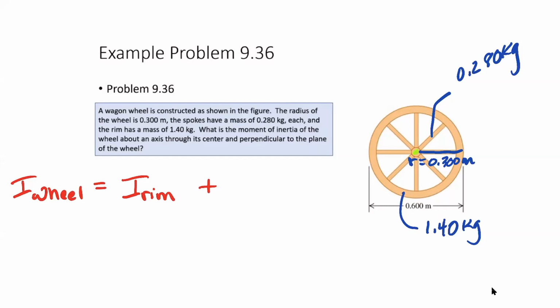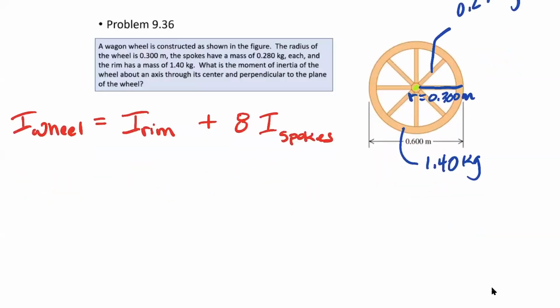The moment of inertia for the wheel is equal to the parts that make up the wheel. So we have the moment of inertia for the rim, and we have 8 spokes. So the rim has a moment of inertia that is like a ring.